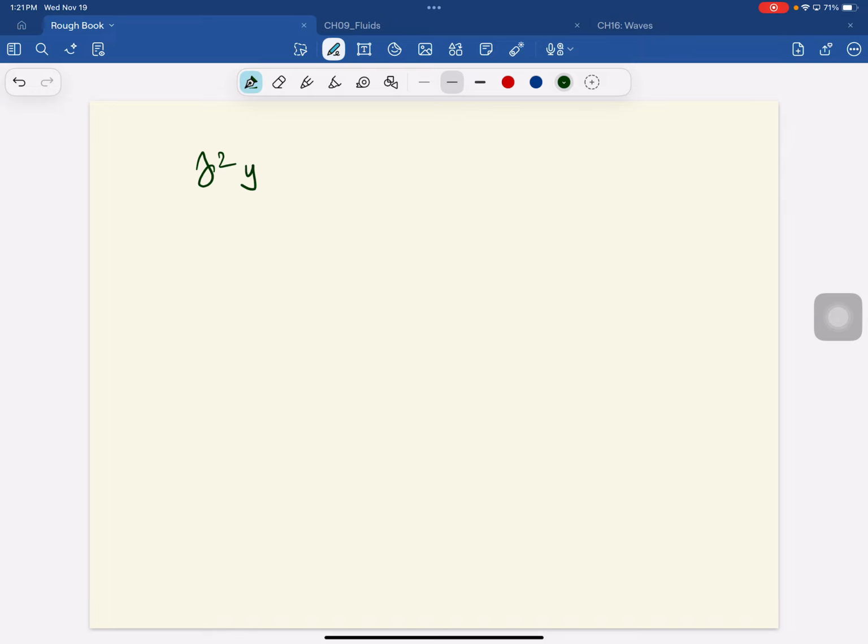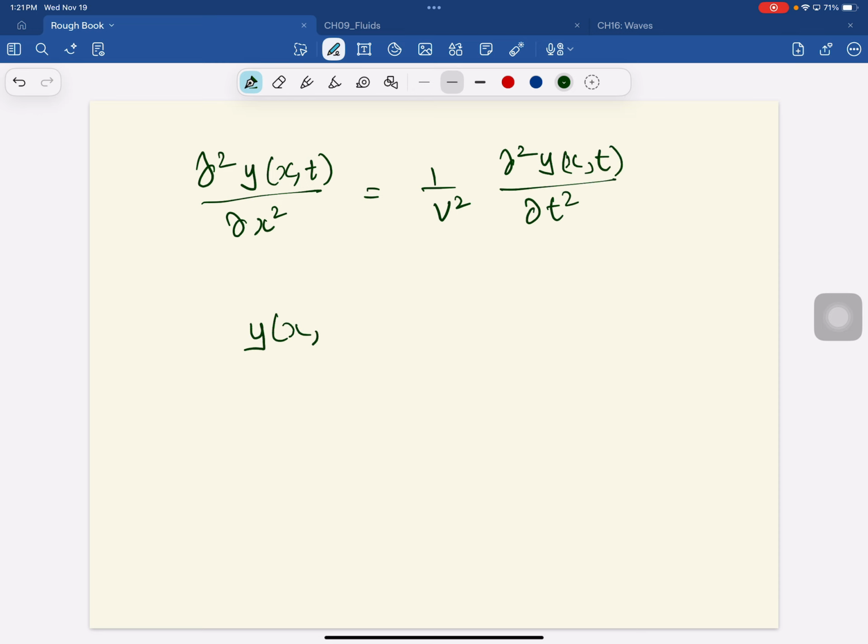Here is your wave equation. We just told you that this was a sine wave traveling to the right. I'll do it a little fast.